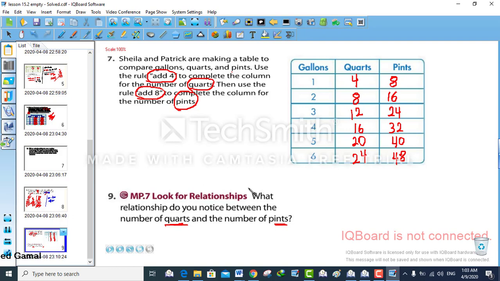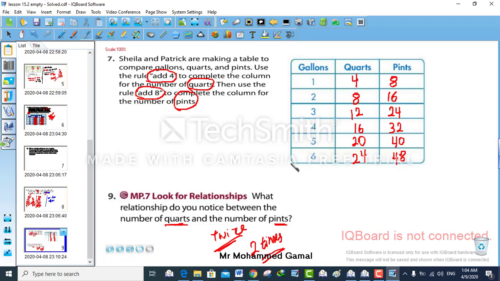So the relationship is it's twice. We can say that it's twice, or we can just say that it's 2 times. The number of pence is 2 times as many as the number of quarts.